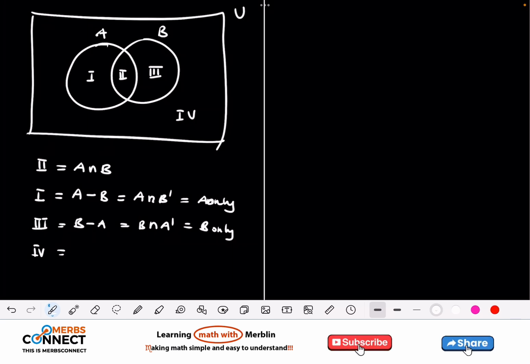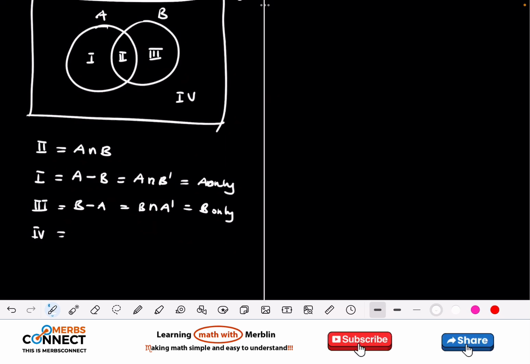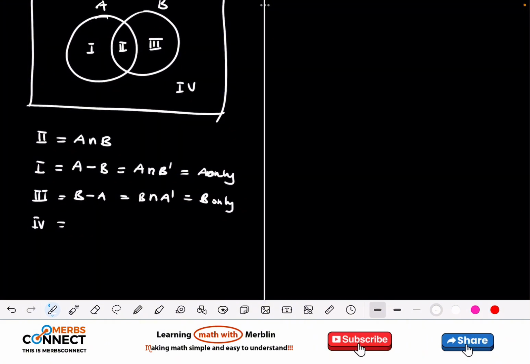IV will be all elements in the universal set that are not in A and B. So we can say this is the same as picking A union B, all the elements in A and B, and finding its complement.